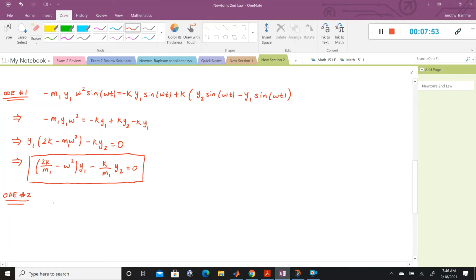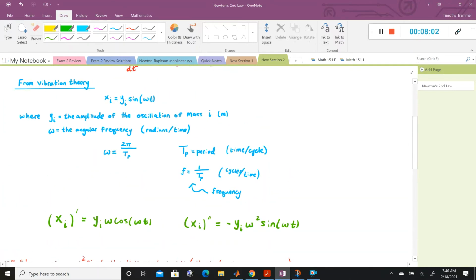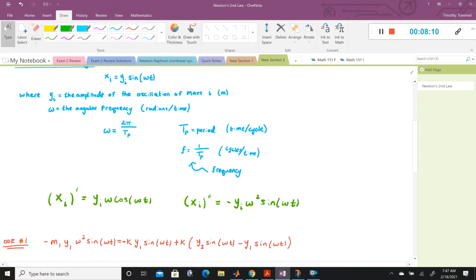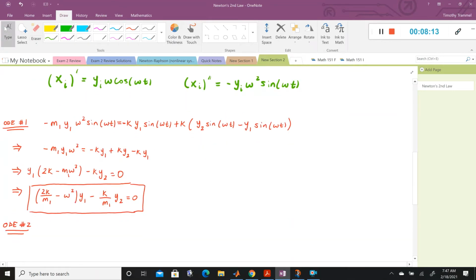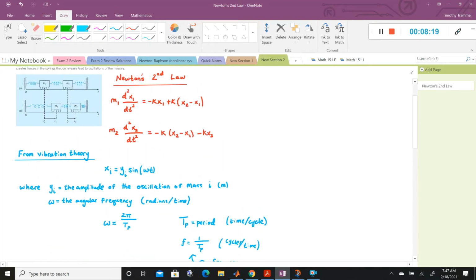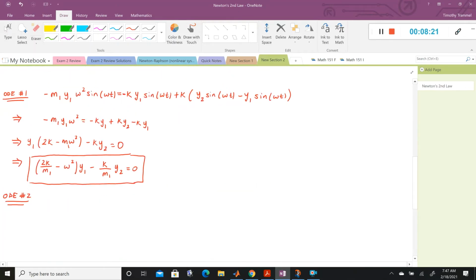So this time, I just want us to know every term is going to have a sine of omega t when we go to make our substitution into this equation up here, because x1, x2, and x2 double prime all have a sine of omega t in them. So we're going to start off the same way. We'll take m2 and multiply by the second derivative.